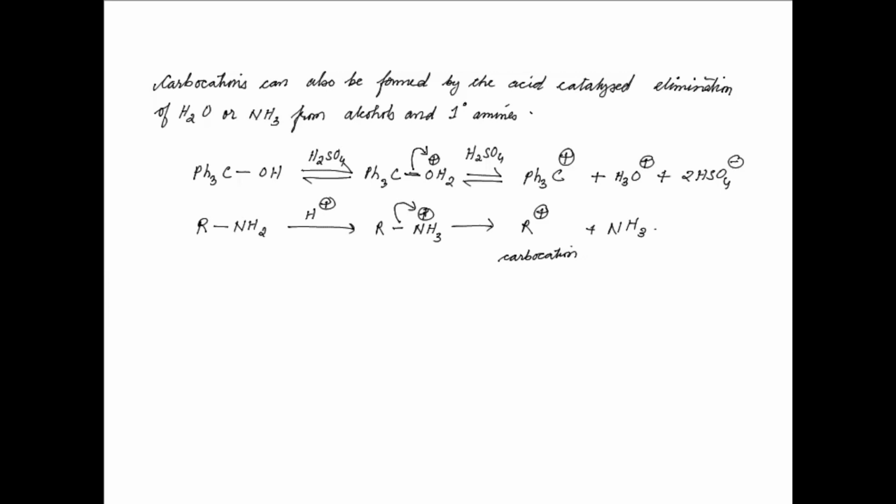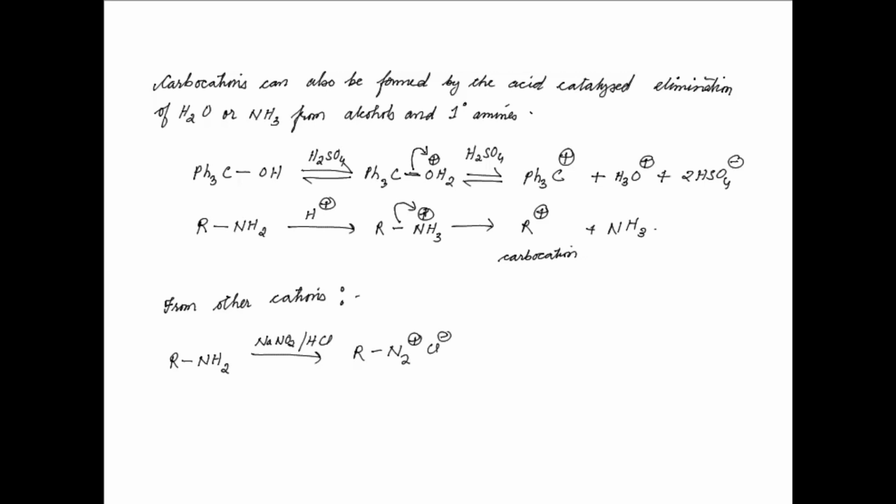The last important way for forming a carbocation is from other cations. So carbocations can also be generated via the decomposition of other cations, and the best example is the diazonium salt. For example, if you have an amine in the presence of NaNO2 in HCl, it can generate your diazonium salt, diazonium chloride salt.